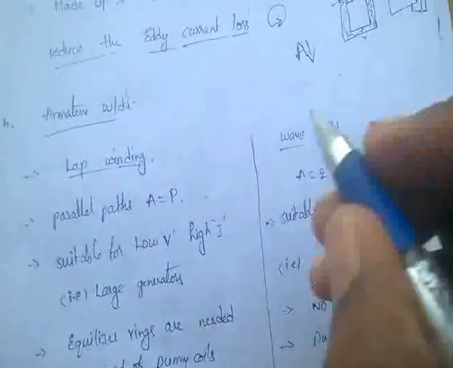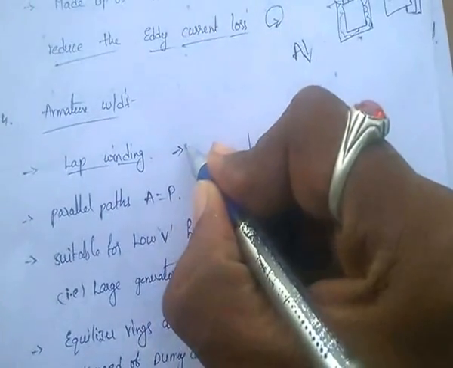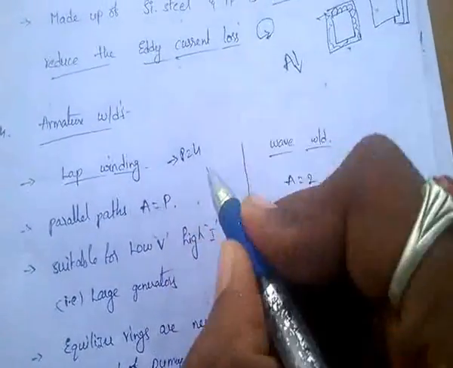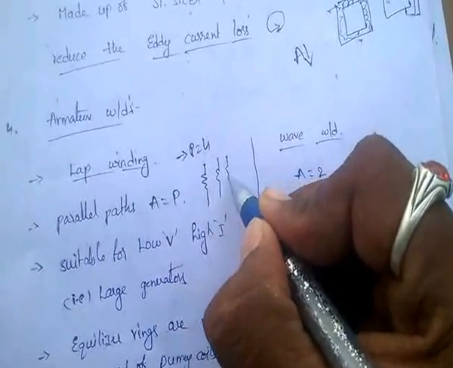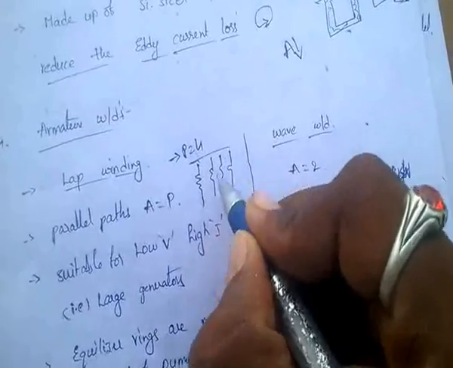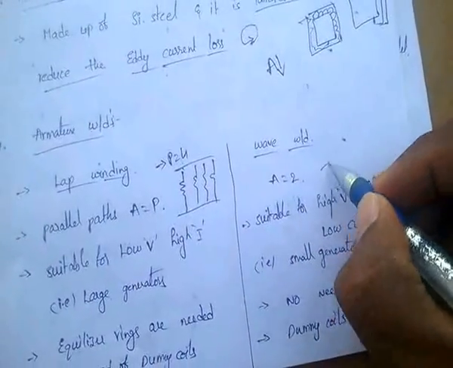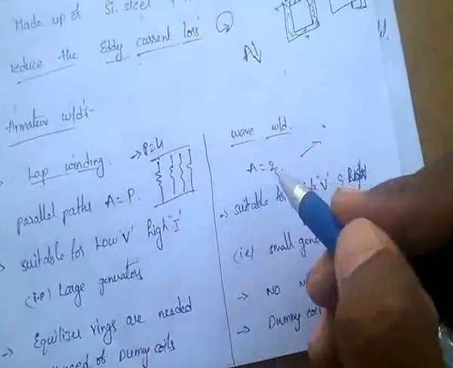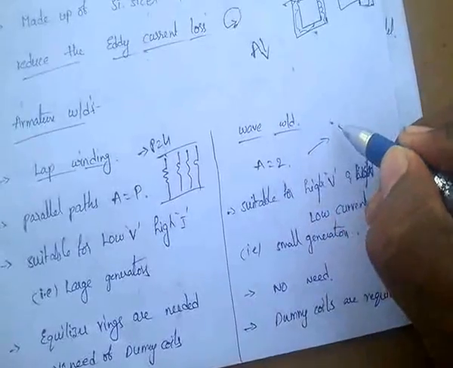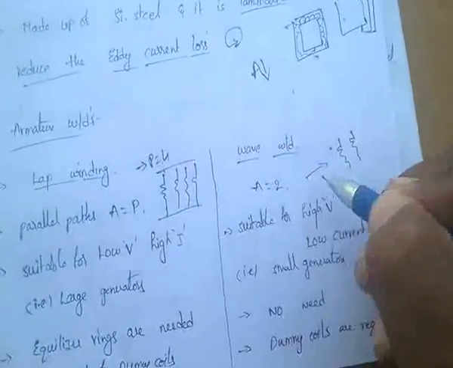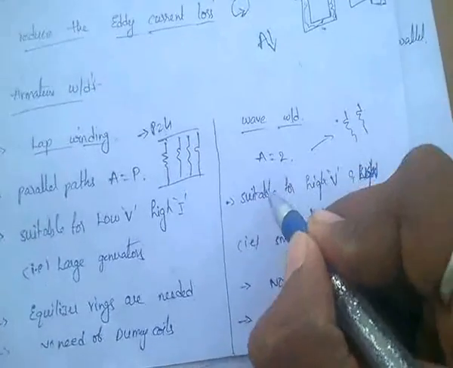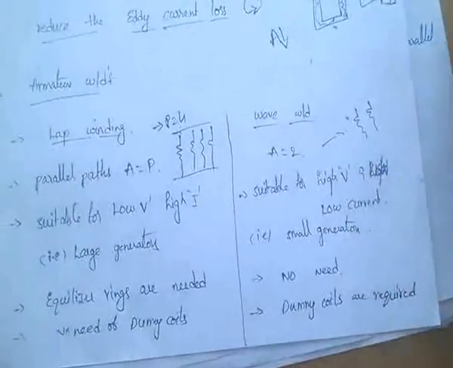For example, if the number of poles is 4, lap winding has 4 parallel paths. For the same 4 poles, wave winding has only 2 parallel paths. It is independent of poles. The parallel paths are fixed, that is only 2.